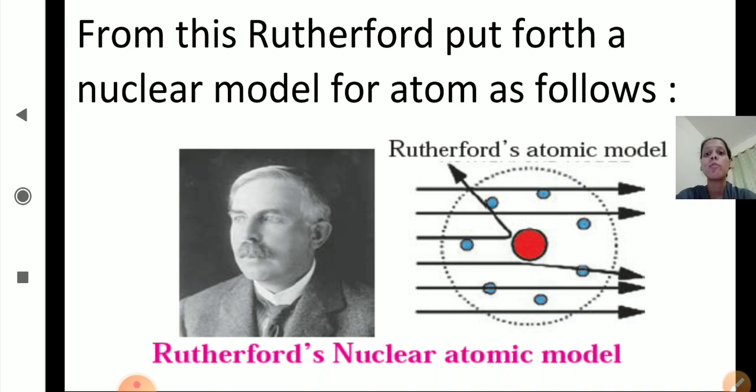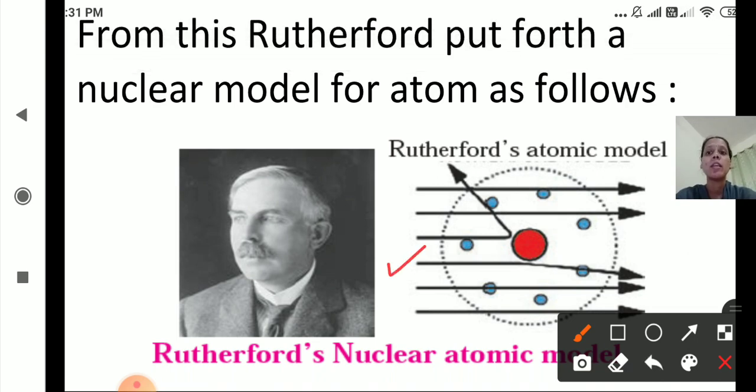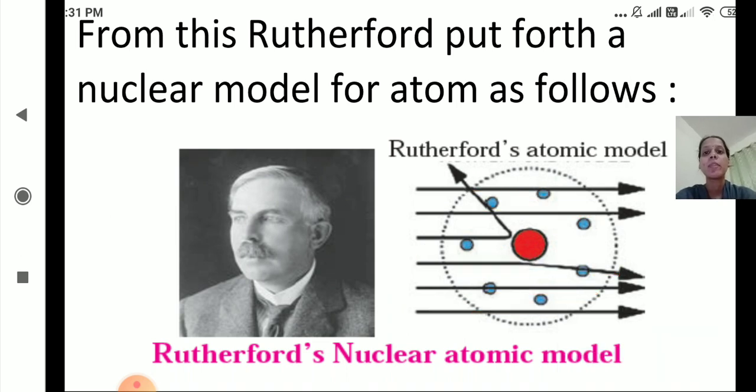This is Rutherford's nuclear model. As you can see in the figure, only a few alpha particles deflected back; all other alpha particles passed through the foil.